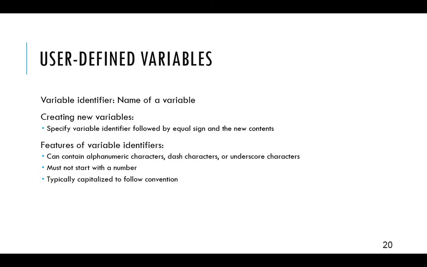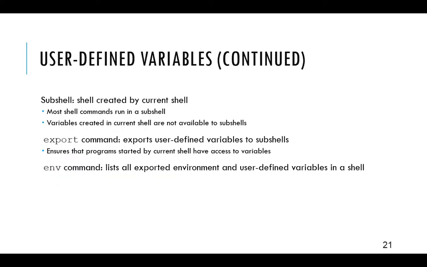Now I can have a variable identifier where I set my new variable to a variable, so the output of whatever would give it that value. Does that make sense? It can contain all sorts of different types of characters, but can't start with a number, and typically they start with a capital letter to follow naming convention guidelines.